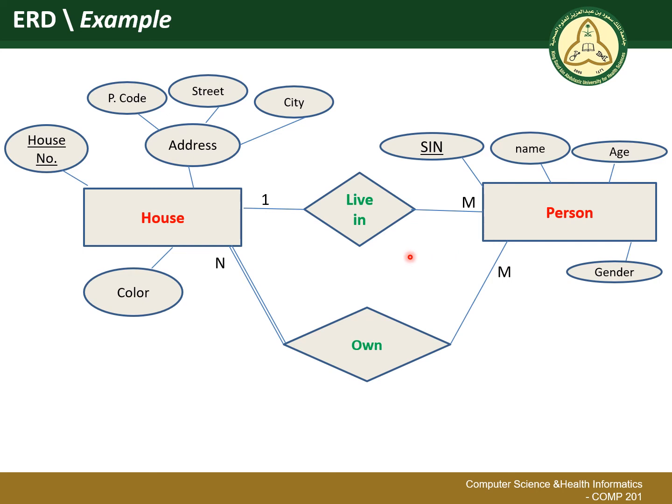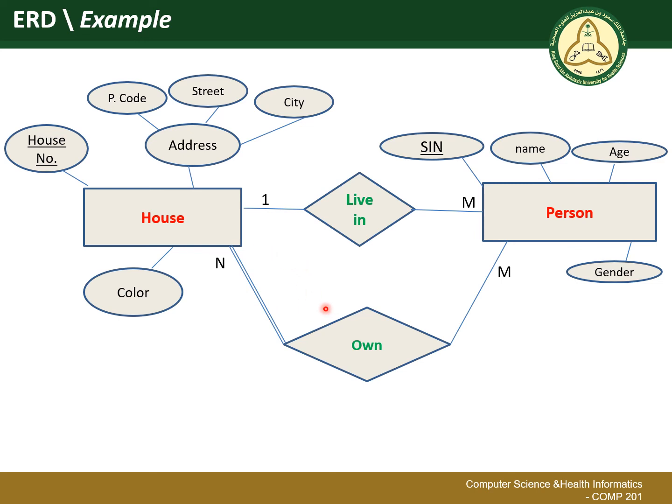Also the other relationship, own, which is a verb, is represented by the diamond. Each person may own 0 or more, so each person can have many.